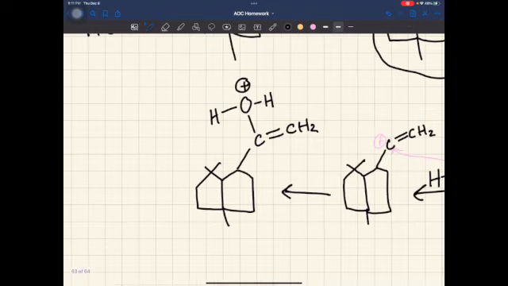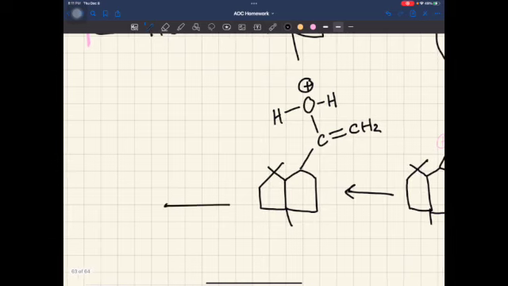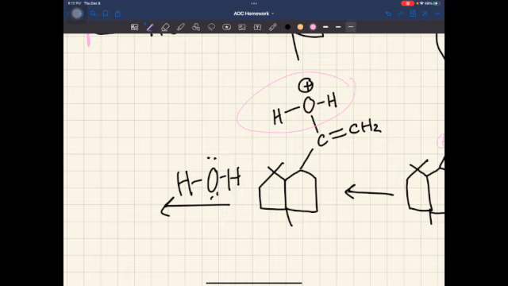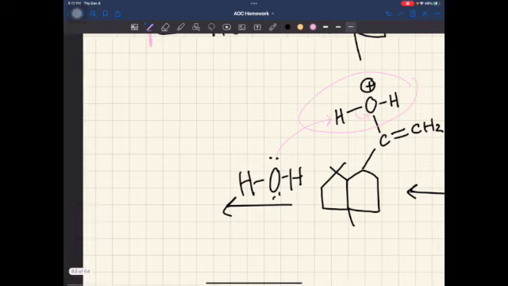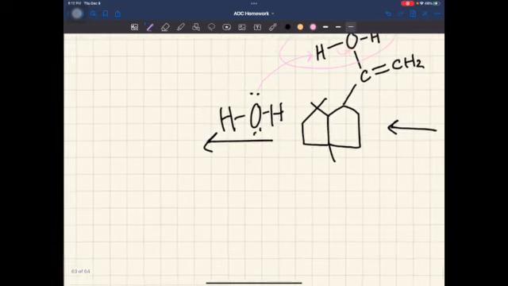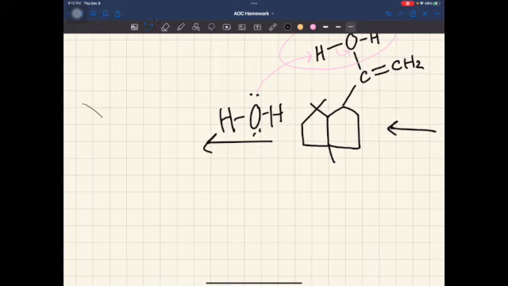So what's going to happen is water that's in the system is going to take a hydrogen atom from this part of the structure. So the oxygen is going to remove this hydrogen, and it's going to break the oxygen-hydrogen bond and push the electrons towards the oxygen, and that produces a structure that looks like this.